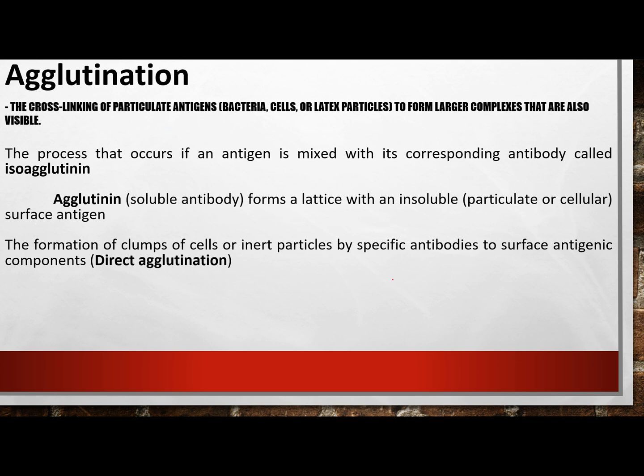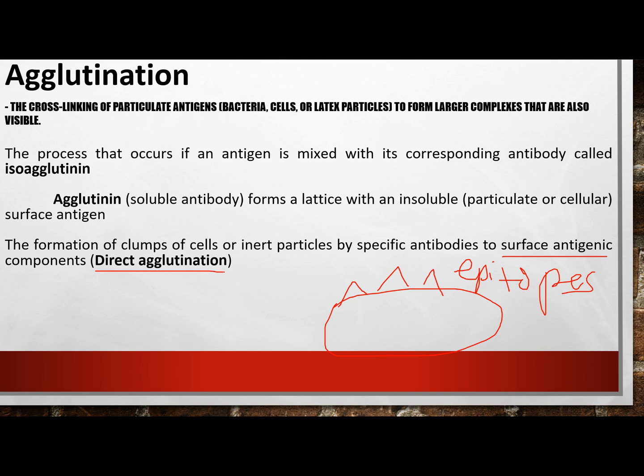So in direct agglutination, class, antibodies would bind to surface antigen components, like what I showed earlier. Those surface antigen components are the epitopes. So the antibodies will attach there and that would lead to agglutination, specifically direct agglutination. Later in the coming slides, you will understand it better.